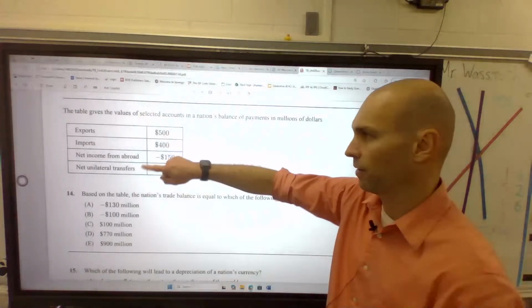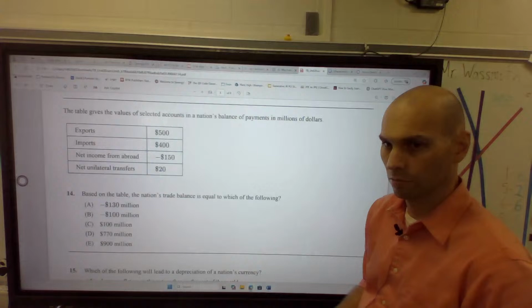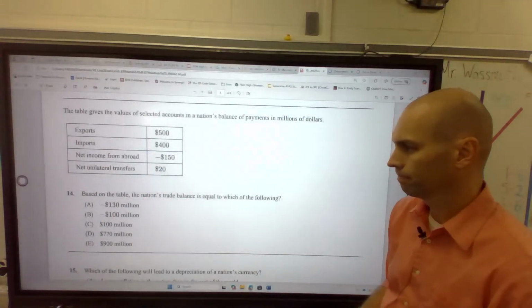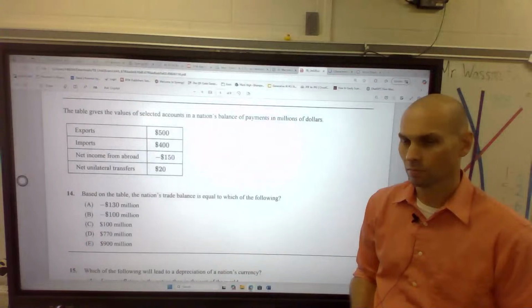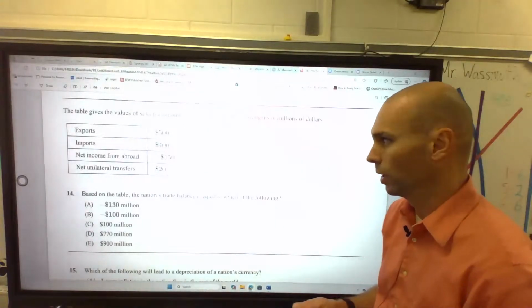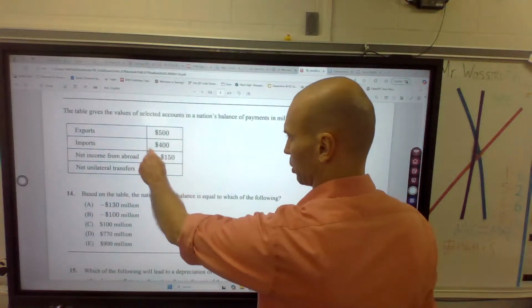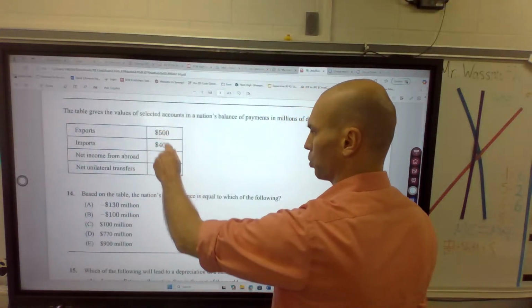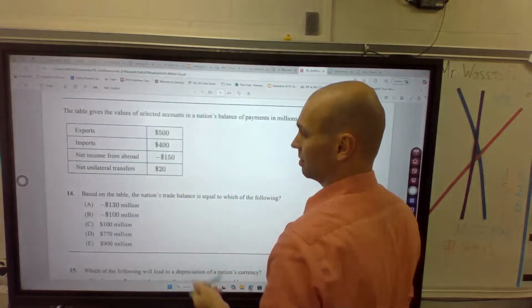So we export 500, import 400. What's our trade balance? Positive 100. What's the wording for all of them? If I said, what is the current account or financial account balance? Well, this is exports minus imports, so that would be plus 100. Then we'd say income from abroad.